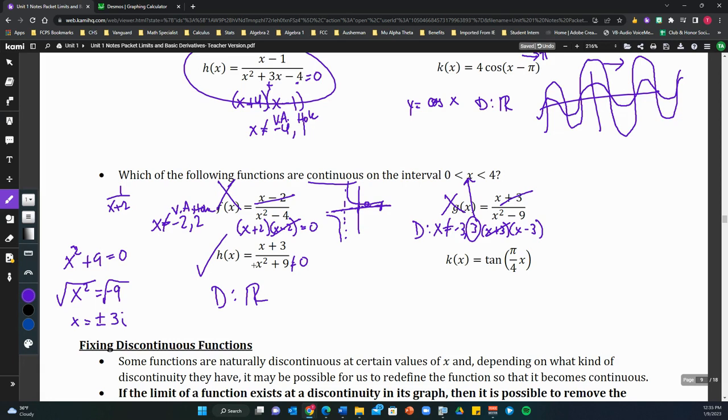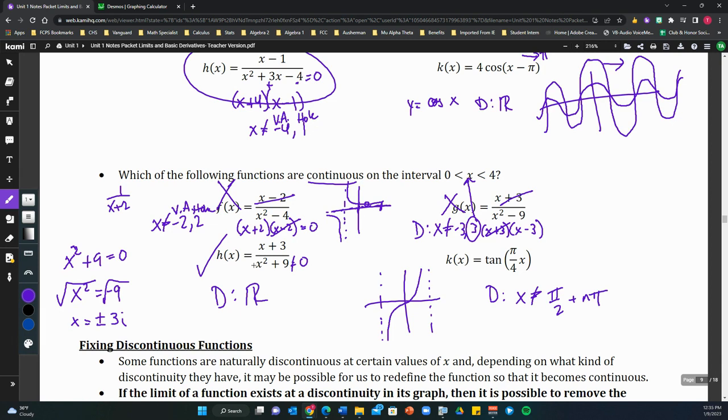Just to explore this last one, again, tangent of pi over 4x. This would be a tangent function, which if you guys remember, normally has restricted values at the pi over 2's. So the normal domain for tangent is x cannot equal pi over 2 plus n pi.